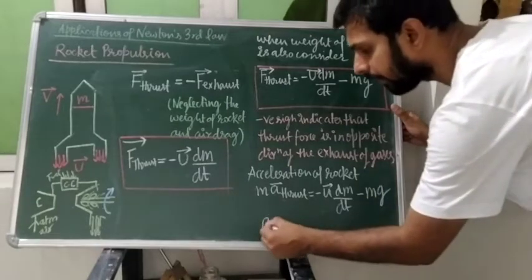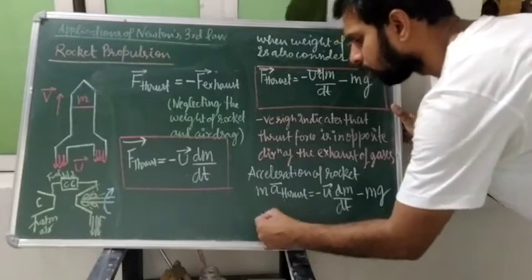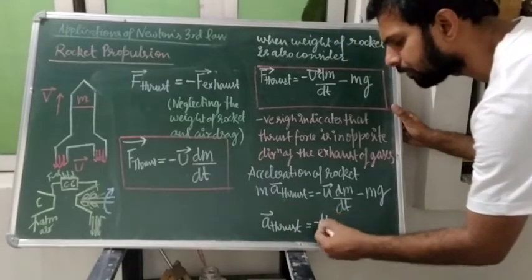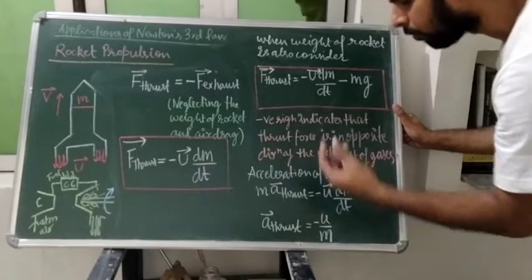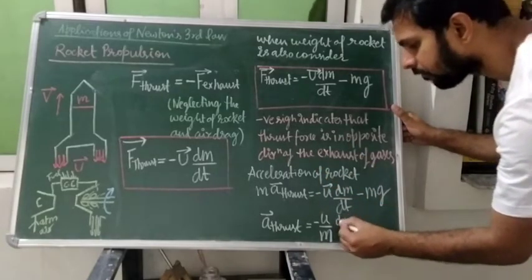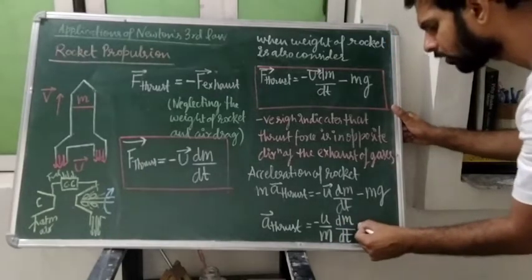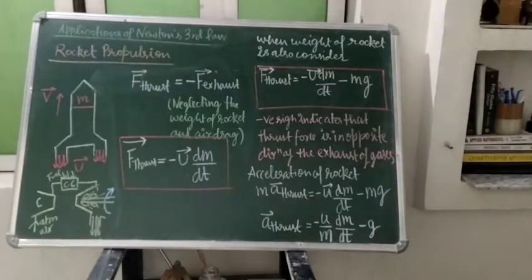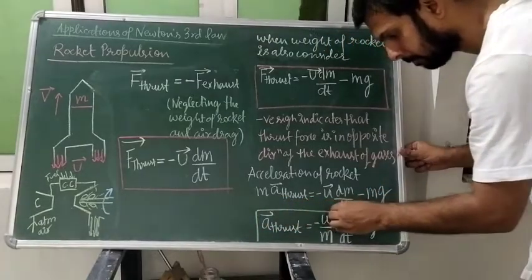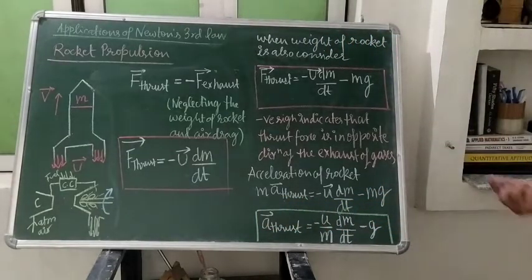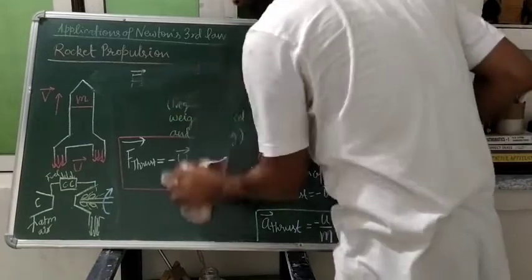And from here you will get the acceleration of the thrust as minus u by m times del m upon del t minus the acceleration due to gravity g. Getting? This will be our acceleration.